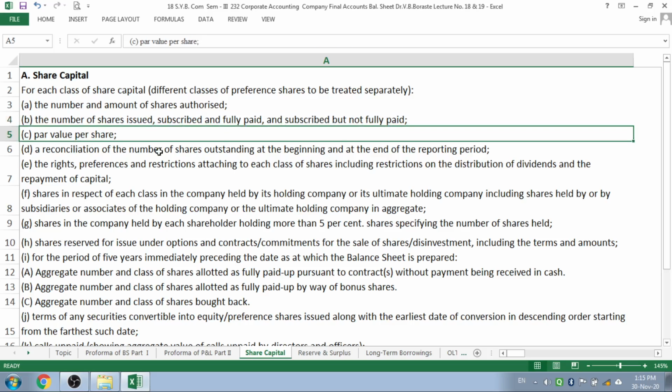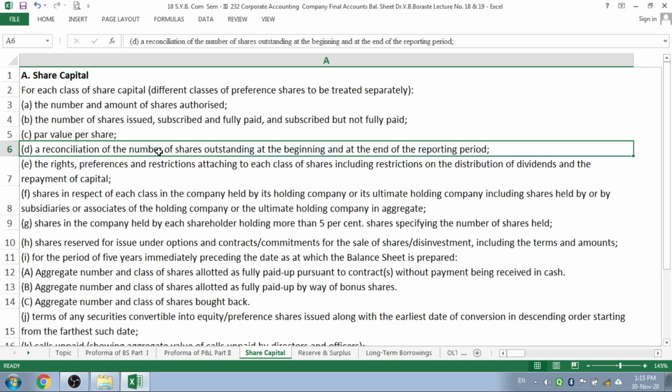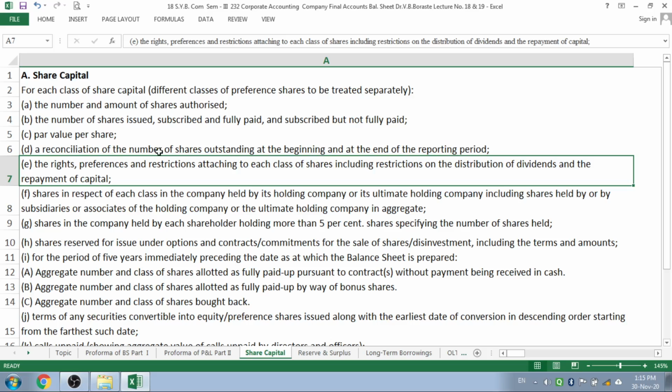Then par value per share, reconciliation of the number of shares outstanding. We have to mention over here the rights of preference shares as well as some restrictions we have to consider in this note. That is the first note, share capital.